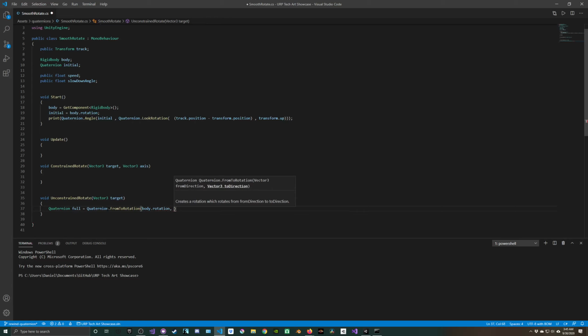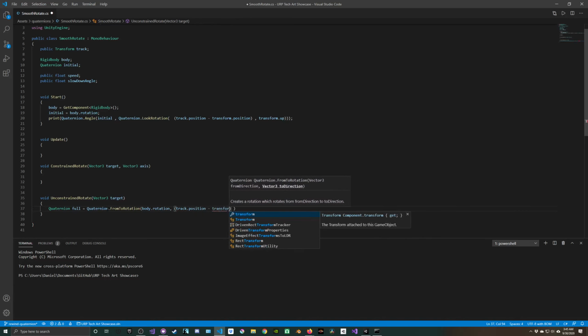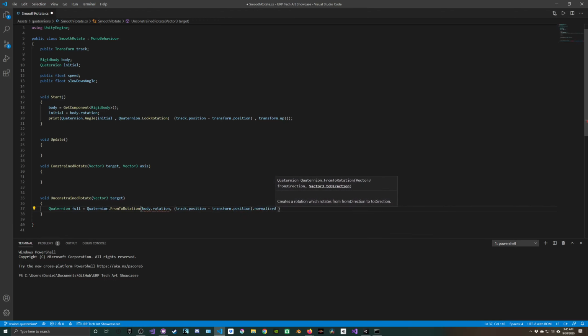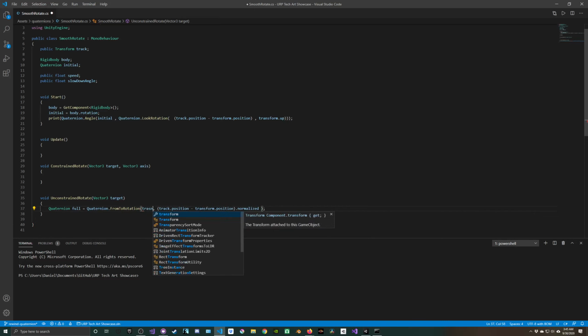And our other one is going to be the offset that we have from our target, but normalized. So track.position minus transform.position.normalized. Oh, right. This is supposed to be a vector 3. I just explained that. We'll use our forward.